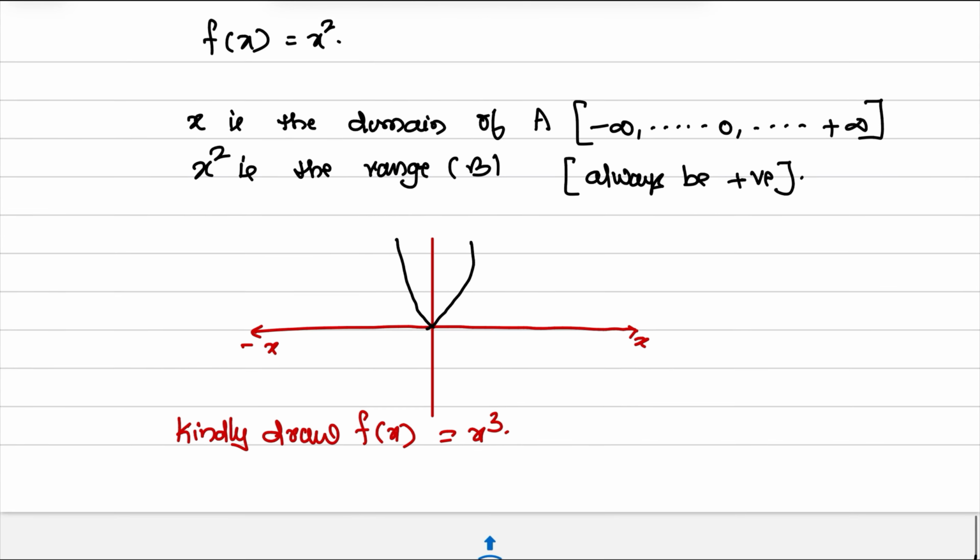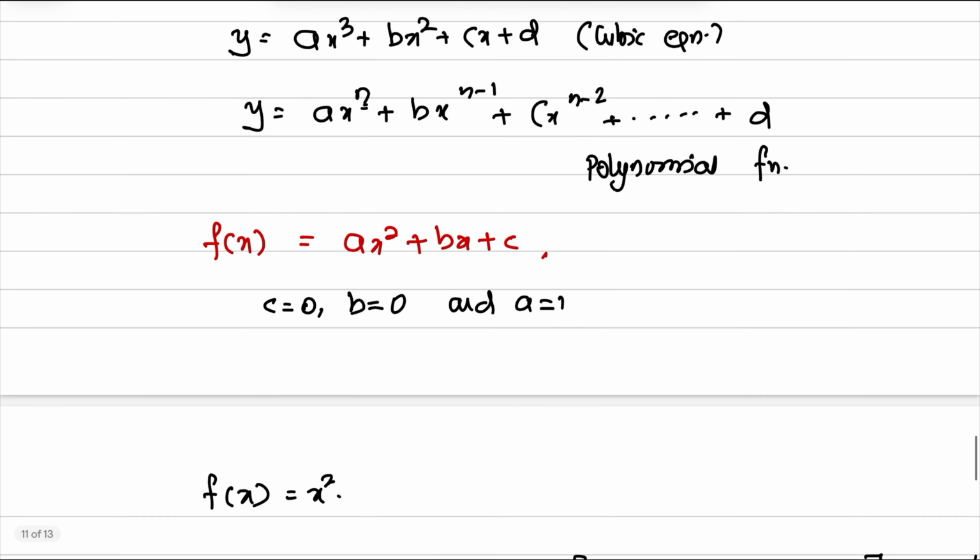And there is a rational function also. If there are two functions, f(x) and g(x) defined as functions, the conditions for definition of function I have already explained in the previous lecture. Please see it.